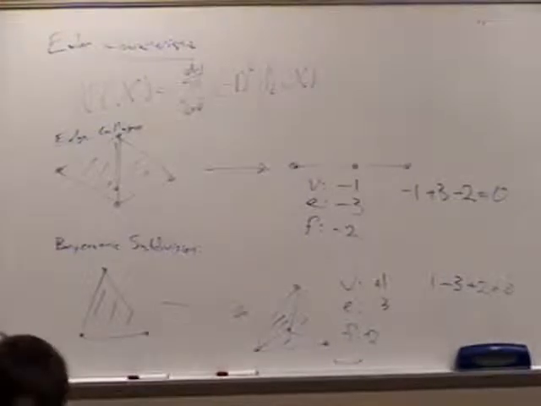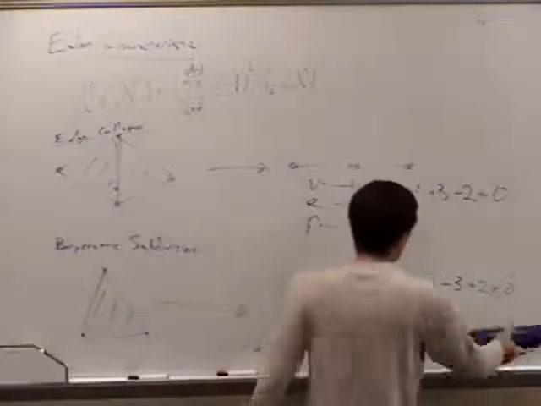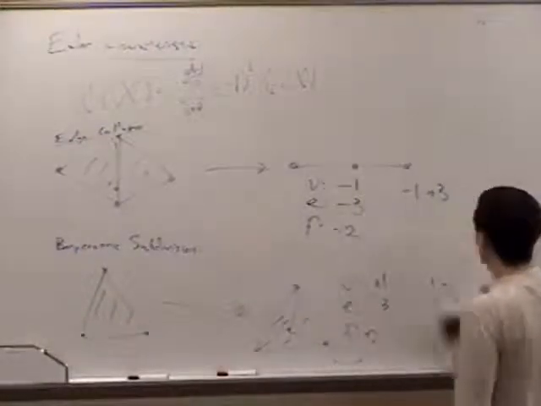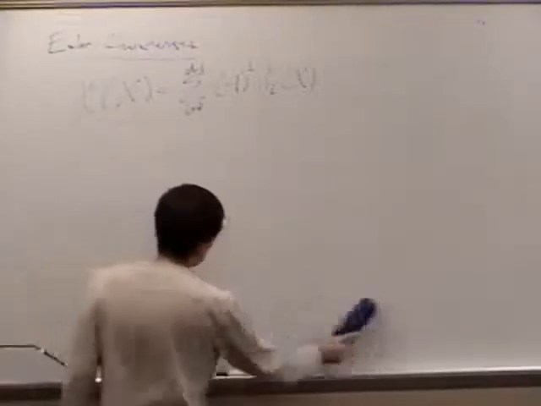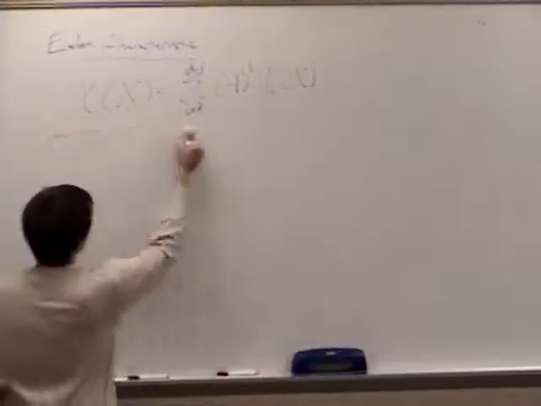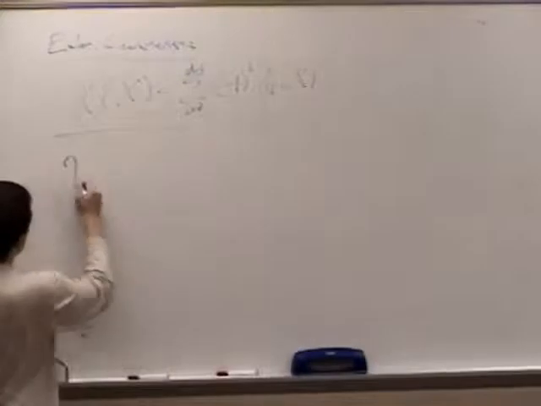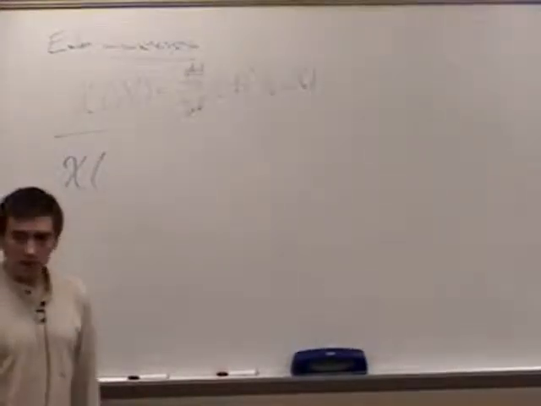Another important property of the Euler characteristic is that it obeys an inclusion-exclusion rule. So it behaves like cardinality in this way. So here's the picture that we have. If we take 2 different sets, so now I'm not talking about a cell complex, but just about sets right now.